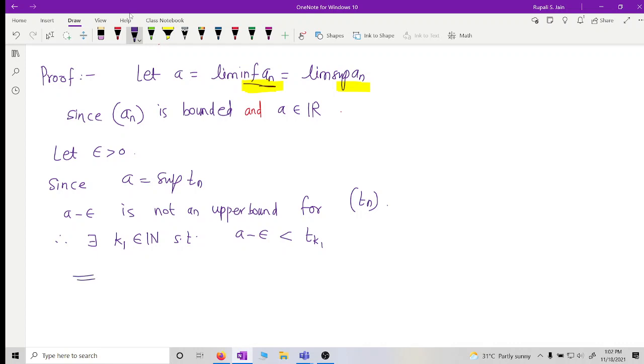And this implies A minus epsilon is less than t_k1, which is less than or equal to a_n for all n greater than or equal to k1. So A minus epsilon is less than a_n for all n greater than or equal to k1.